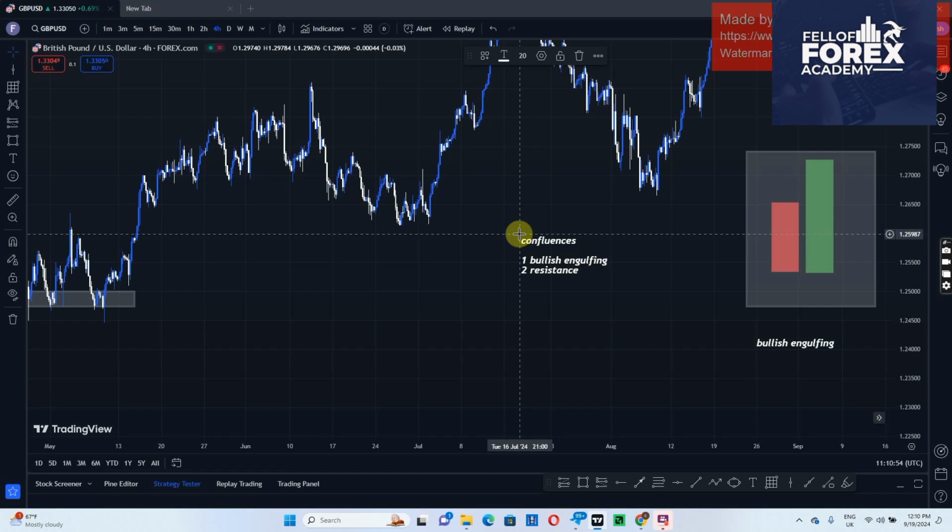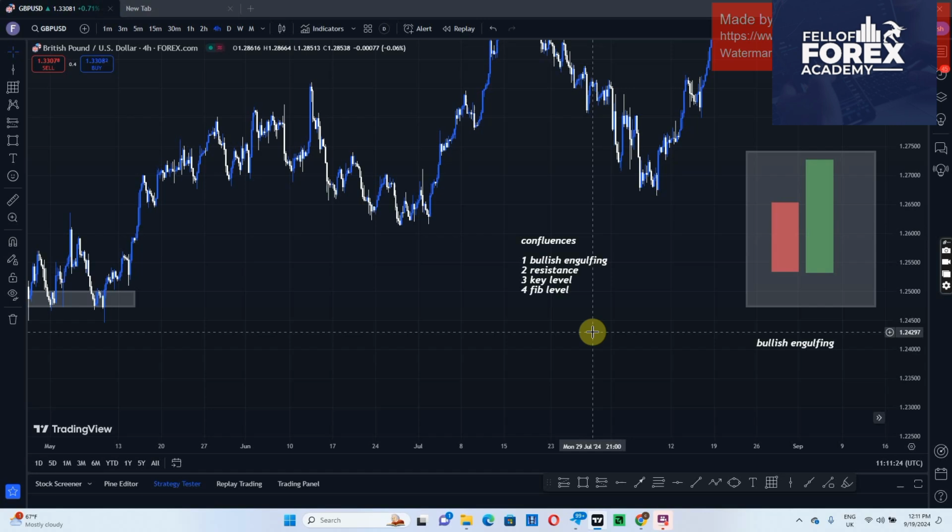We have 3, key level. We have 4. I want us to have just 4 confluences. Fib level. Remember I told you about Fibonacci when we're learning how to use TradingView, right? So these are the 4 confluences we are looking at.